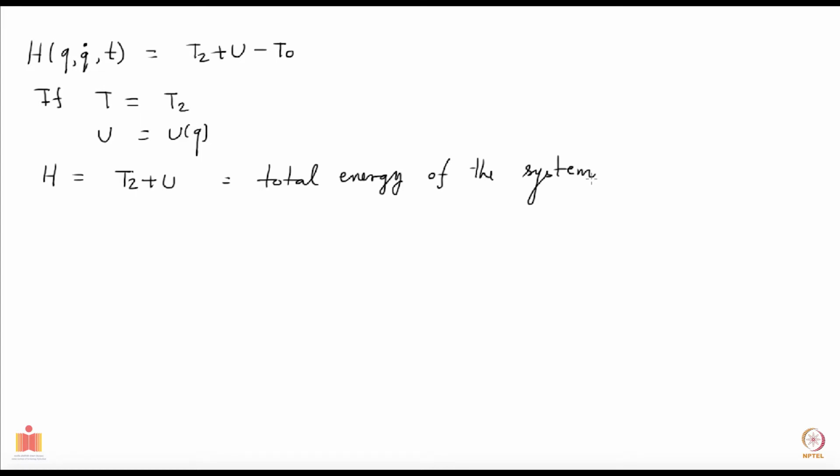So let's say you have such a system where the Hamiltonian can be identified with total energy, and then the above relation dH over dt equal to 0, if that holds true, would imply that total energy is conserved.